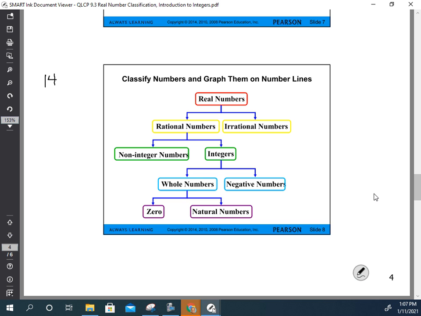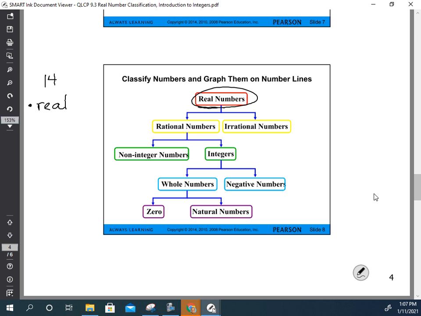Now, there's one category that is automatic, and that it's a real number. There are several other categories that it falls into. So it's a real number.